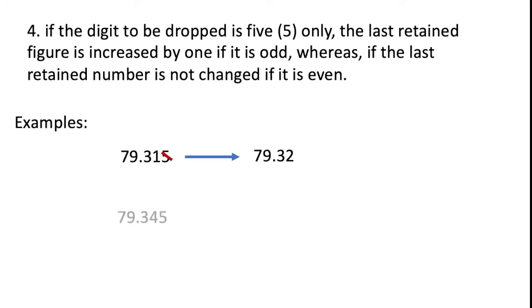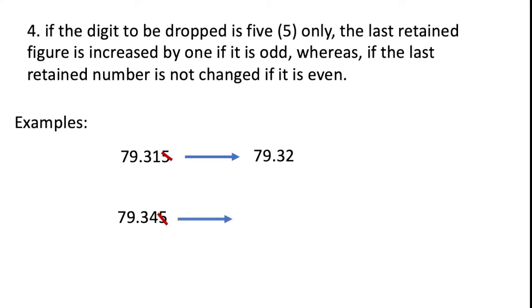So the resulting rounded off number will be 79.32. Okay, so if we have this value 79.345 and we drop the number 5 again, what remains is 79.34. But since the retained figure is an even number, and that is 4, because 4 is an even number, according to the rule, we should not increase that figure, we just retain it.